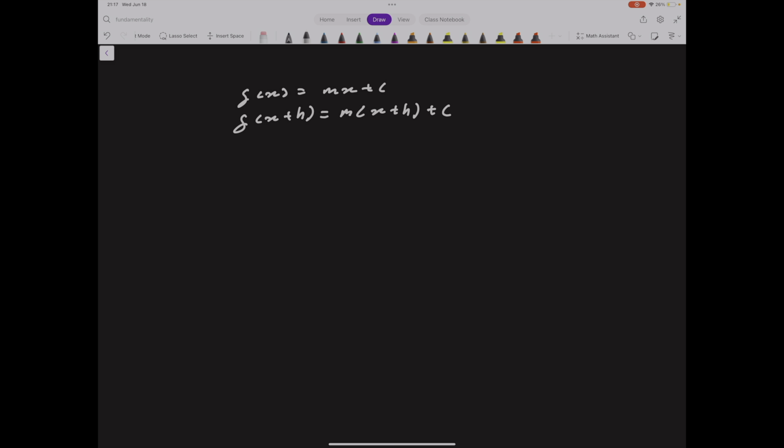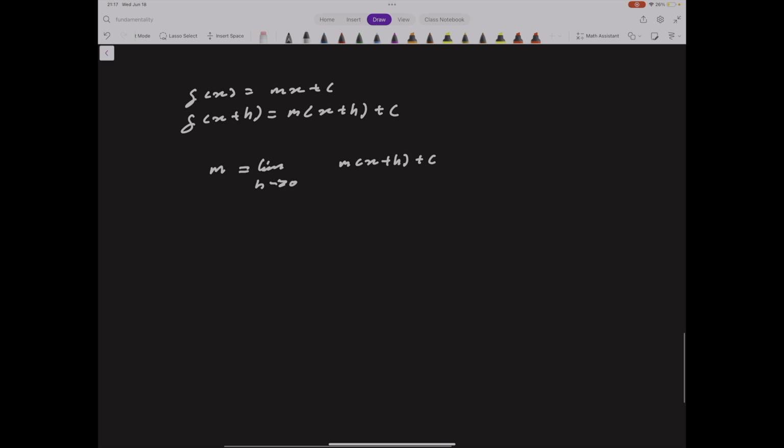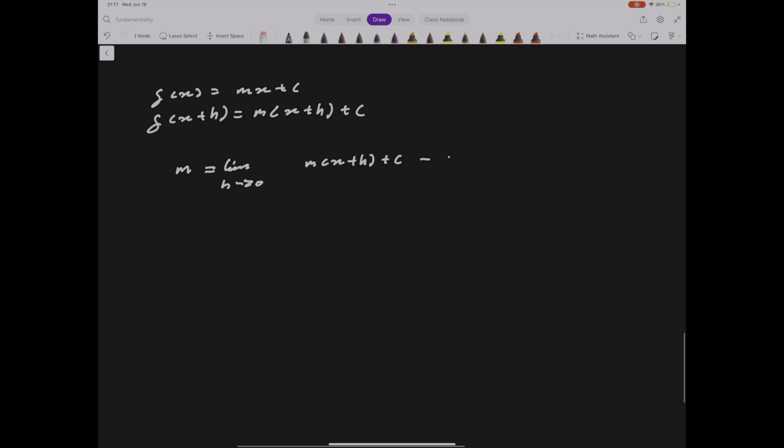Now it's going to look a bit weird. It's going to say m equals m, hopefully, at the end. We don't know this yet, but hopefully it will. We're just checking. Minus (mx plus c), remember the bracket here, obviously. And then we're going to put that all over h.